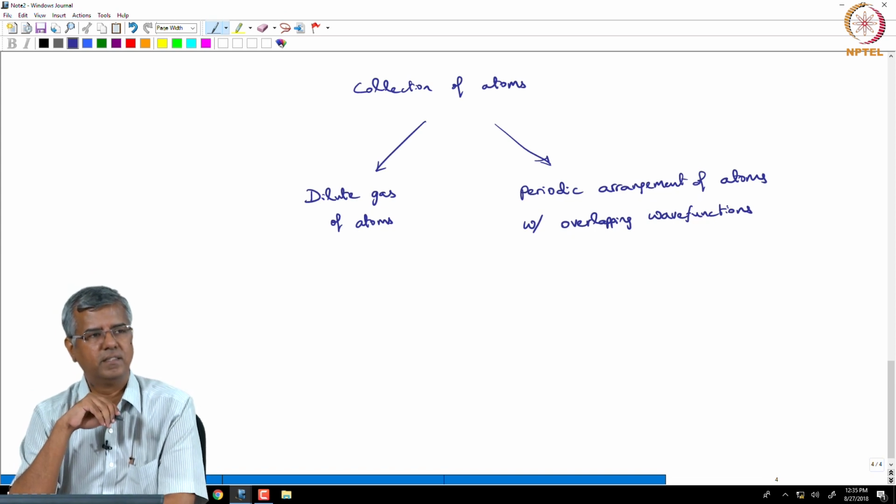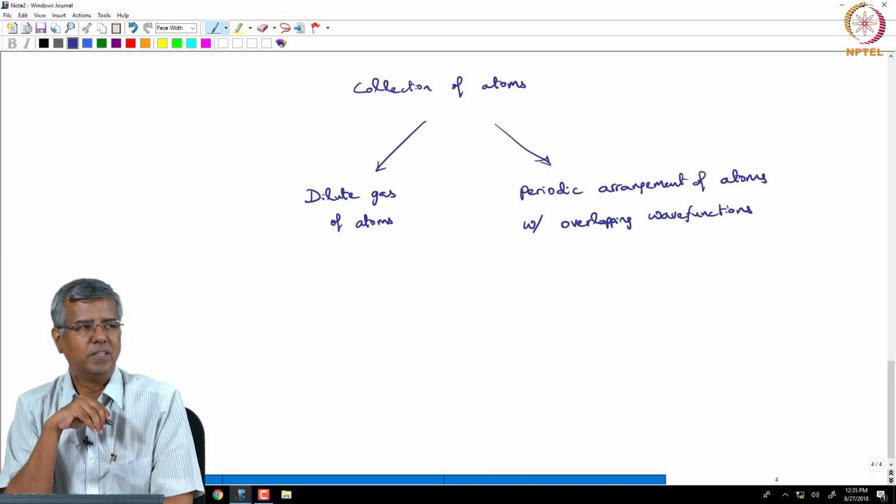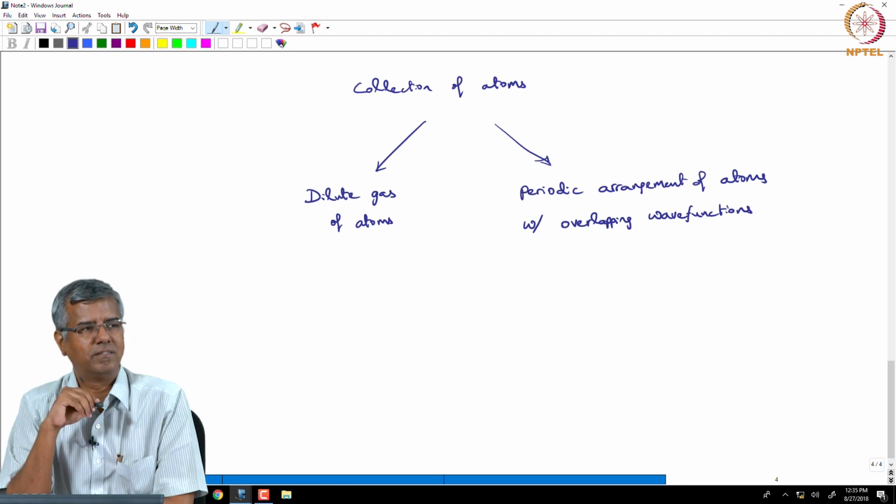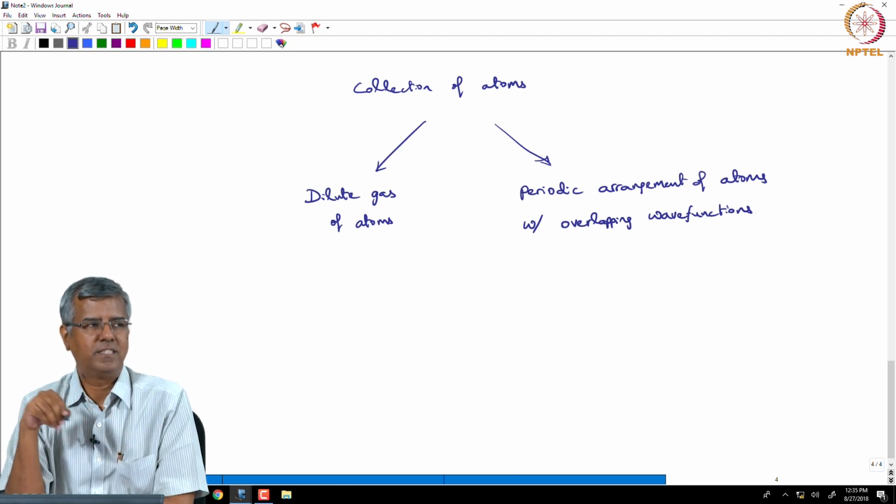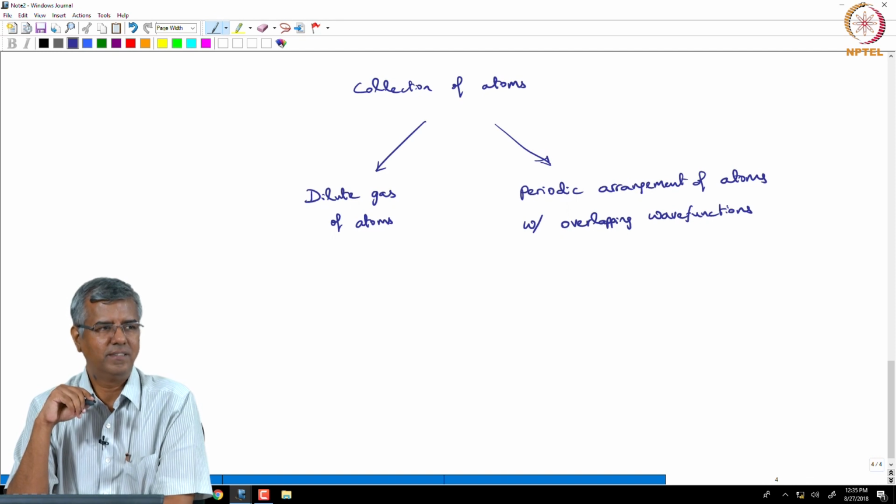Does that remind you of something? Periodic potential wells whose wave functions are overlapping each other. Does that remind you of something?